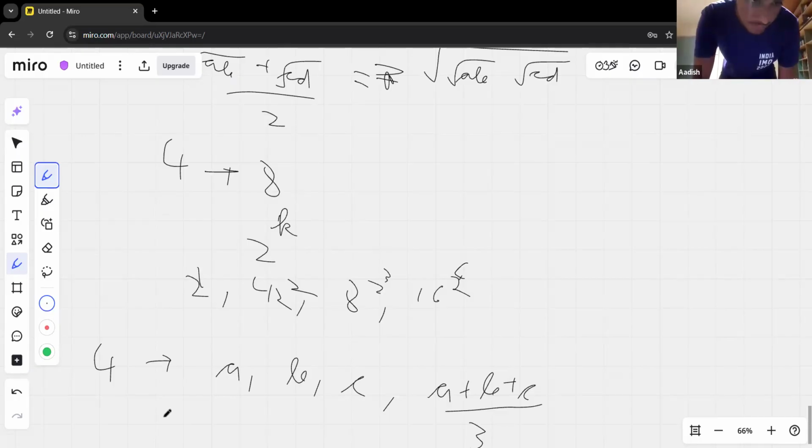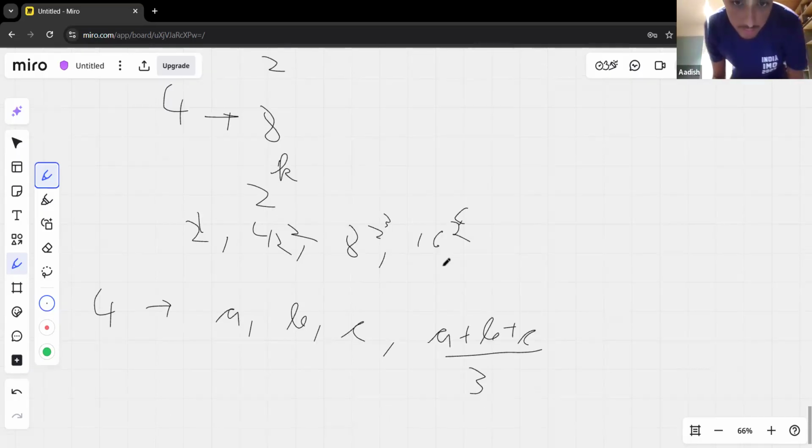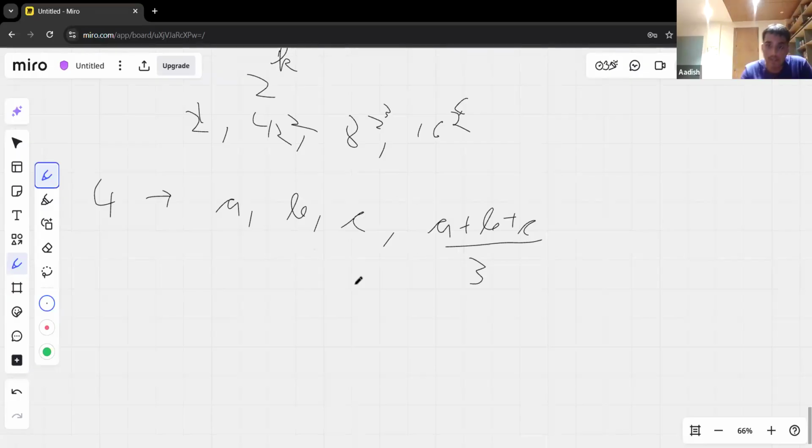Just wait, give me a second. My laptop is about to discharge. Try this: apply AMGM for 4 variables on A, B, C, and (A plus B plus C) by 3.